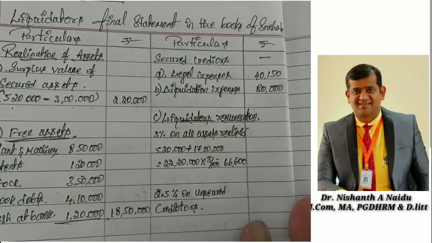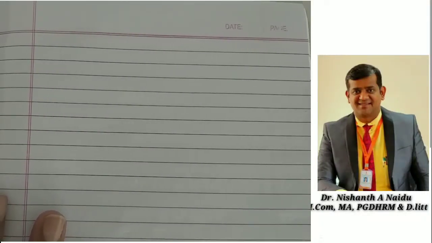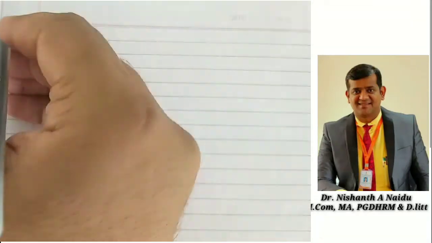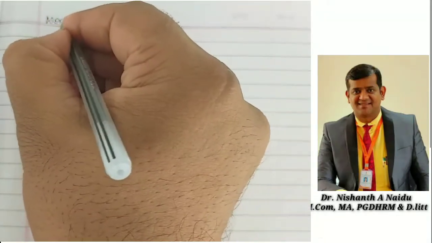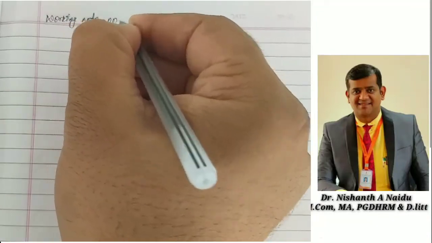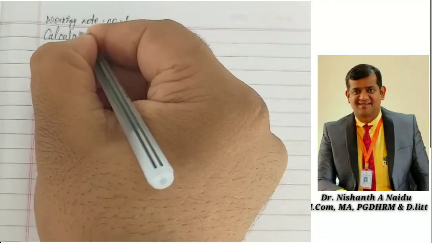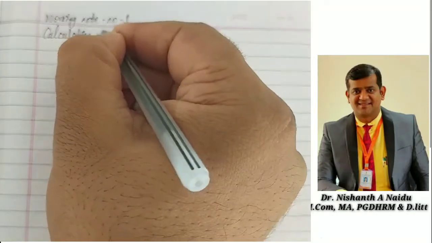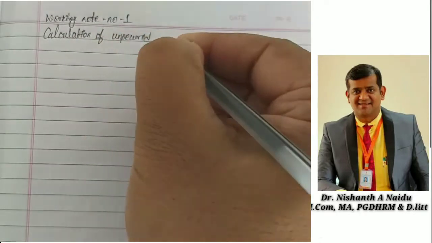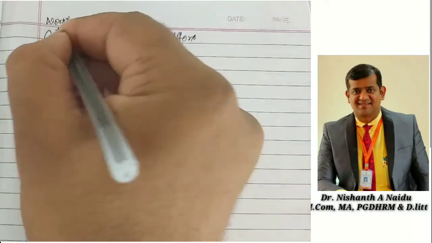Let us start the working note. Working note number 1, calculation of unsecured creditors.